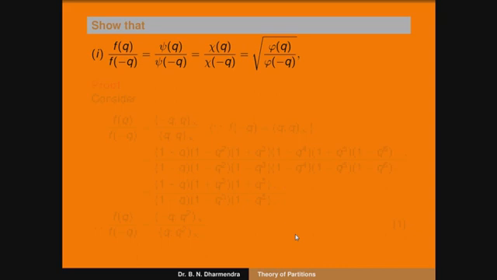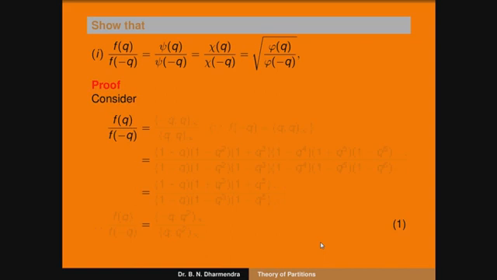Okay, we can consider the first term: what is f of q divided by f of minus q? We know the definition of f of minus q is q infinity.